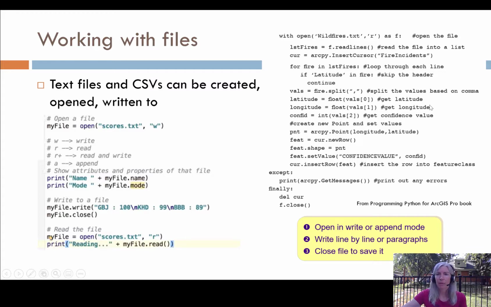So here's an example from another textbook, the Programming Python for ArcGIS Pro book, where we're reading in a text file of information about wildfires. They open the text file as a file, they read in everything with read lines, and then we're getting a little bit advanced here. We're getting into cursors, which is an ArcPy thing, insert cursor is an ArcPy thing.